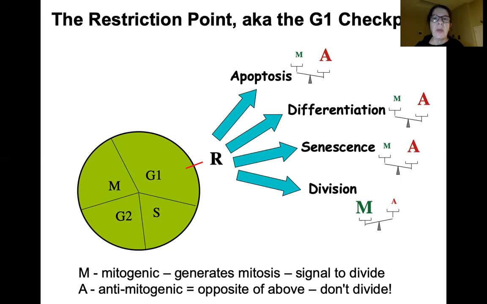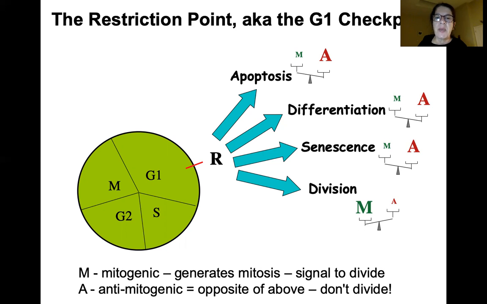So the cell weighs in all the signals, both internal and external, both the signals that it's getting from the environment as well as sensing its own state. And if the signals that tell the cell to divide outweigh the signals that tell the cell to stop, if you can see here at the bottom, mitogenic signals outweigh anti-mitogenic signals, the cell will proceed past this checkpoint and will actively start dividing.